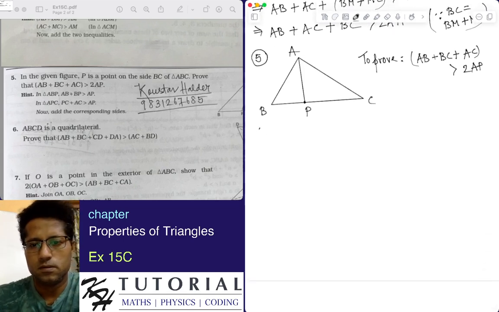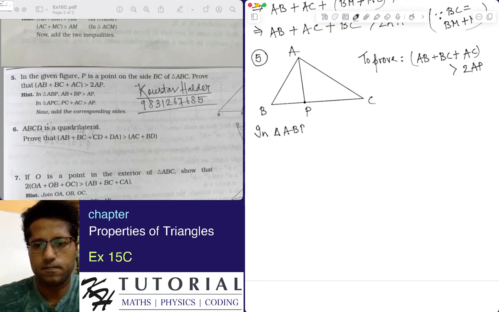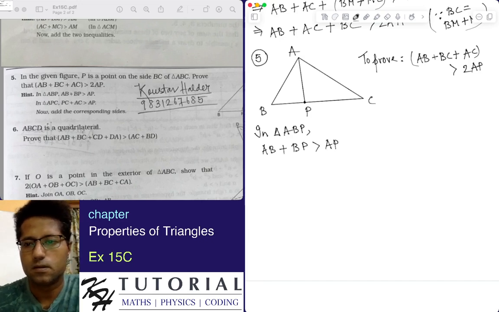So in triangle ABP we have AB plus BP greater than AP, and also in triangle APC we have AC plus PC greater than AP.